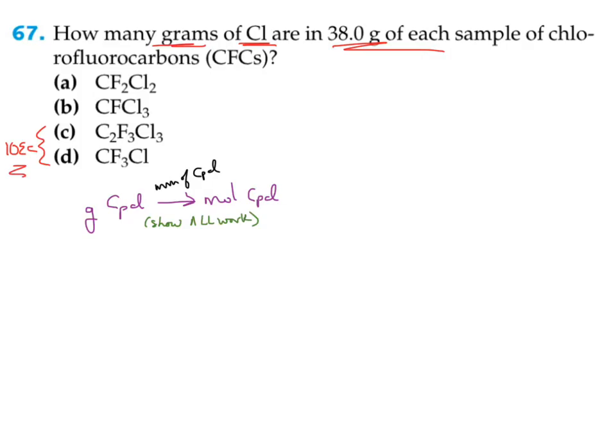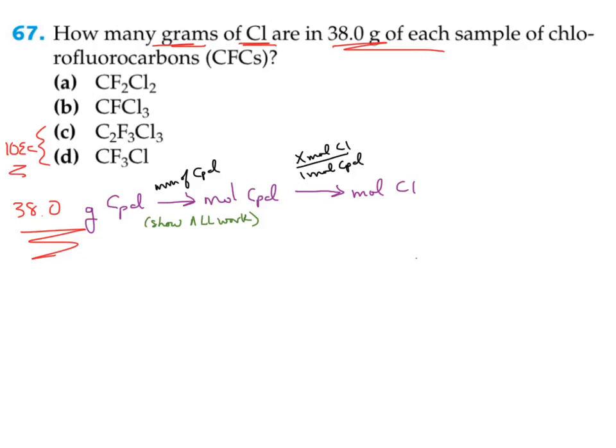So in each of these, you're going to start out with 38.0 grams of compound, and you're after grams of chlorine in that mass of compound. So you're going to go from grams of compound to moles of compound. Show me calculating the molar mass, okay? And then you're going to use, from the formula, X moles of chlorine for every 1 mole of compound to get to moles of chlorine.